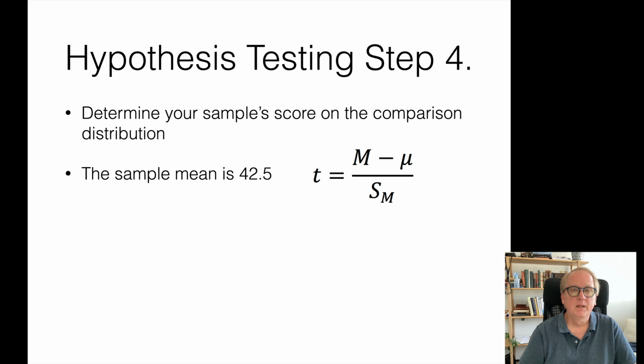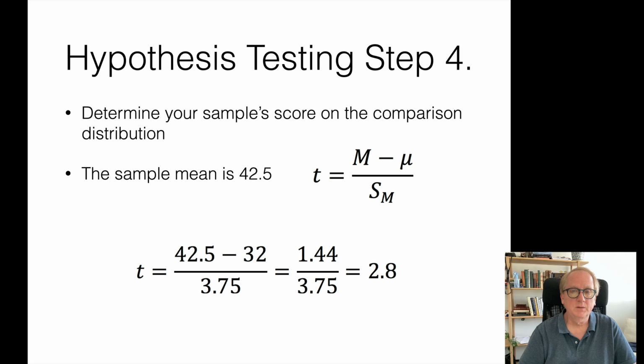Step 4, determine your sample score on the comparison distribution. Now my sample mean, remember, for these 10 students is 42.5. So I'm going to convert that to a t, just like I would have converted it to a z before. Again, the difference is in the denominator, I have an estimate of the standard error. So very much like a z-score, I convert things to a t-score. I take my mean, 42.5, and I subtract the mean when the null hypothesis is true, which is 32.